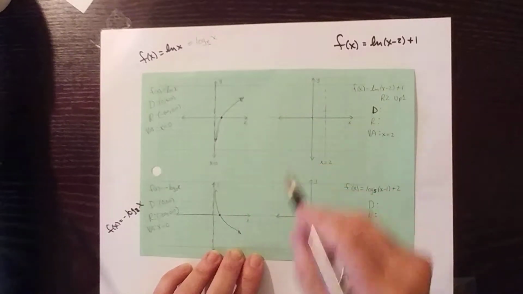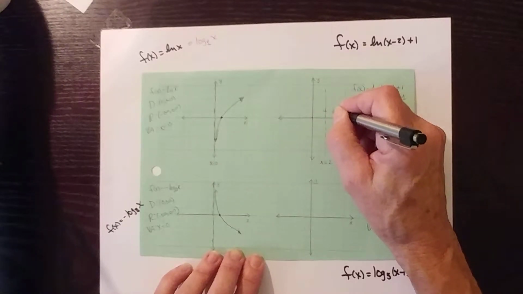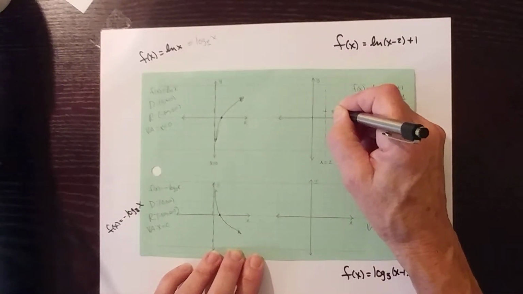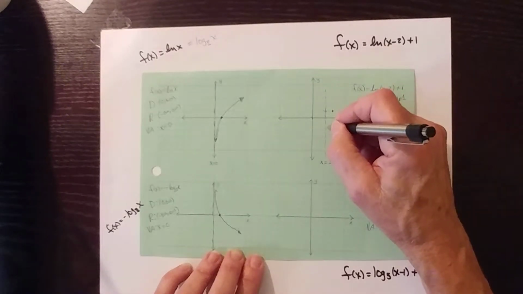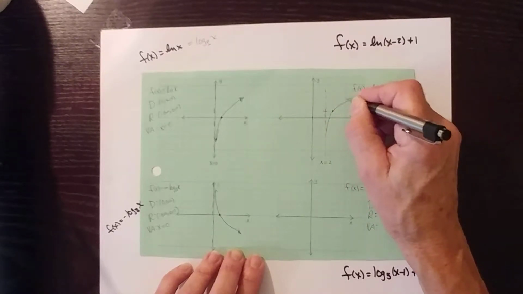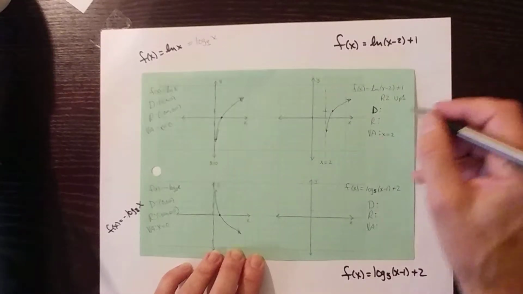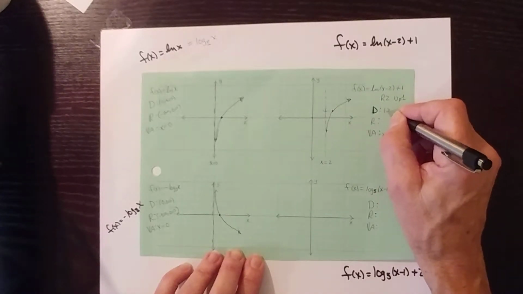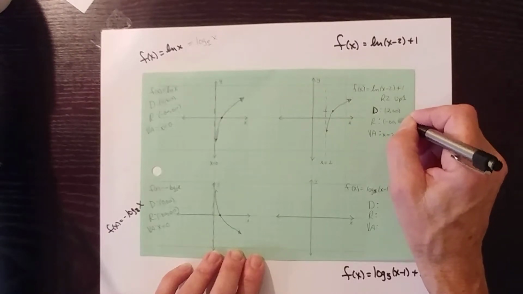The intercept is always 1 to the right of where the origin is. So if this is my new origin, then right here is where that little intercept would be. This is just one of an infinite number of points on this graph. It just helps me to graph it. This is how I lay out my log graph after I see that. Then we can say the domain is from 2 to infinity, and the range is all reals.